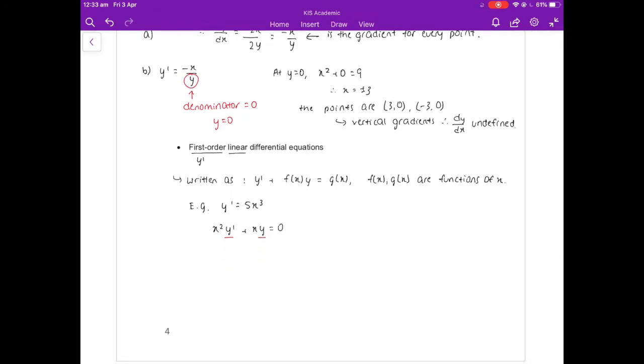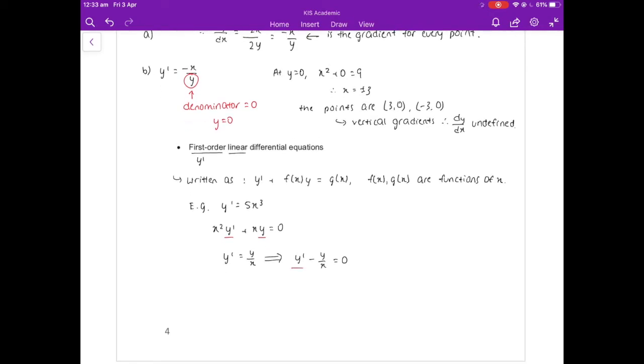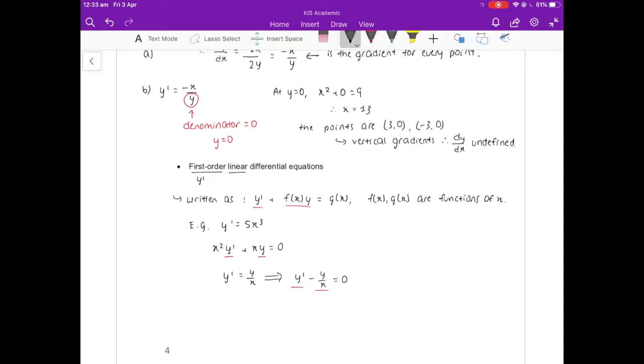So another example I can give you is y' equals y over x, because that can be rewritten into the form like that. So this is our y', and then f(x) times y is minus y over x, and the other side, 0, is our g(x).